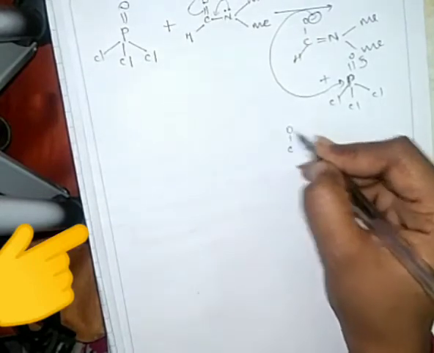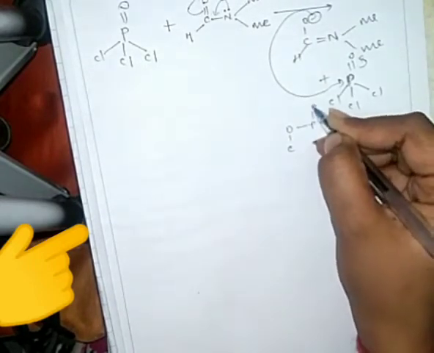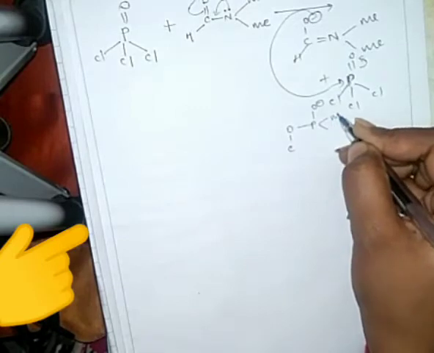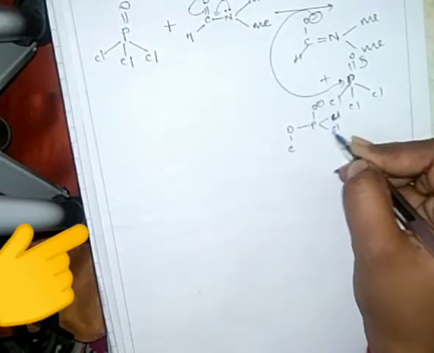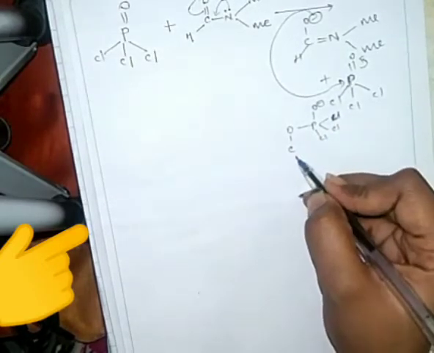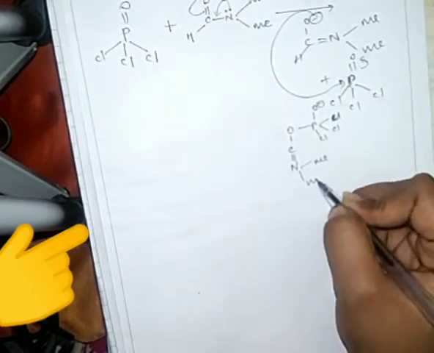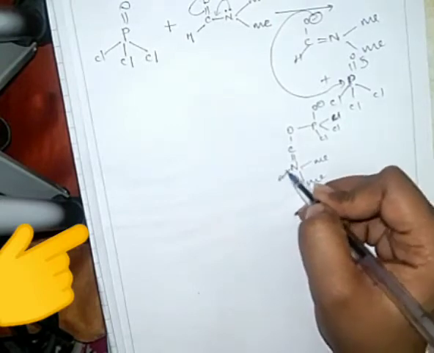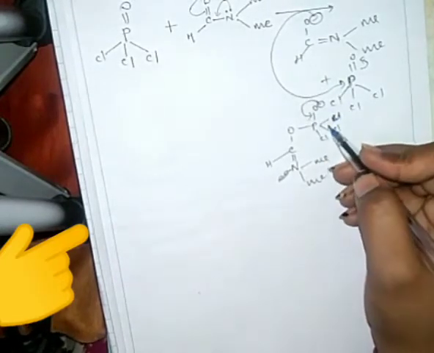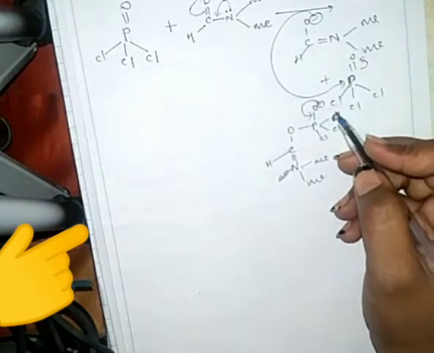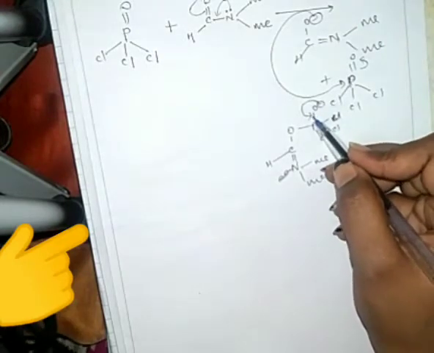We get O, P, O negative, Cl and Cl, and there is a double bond, nitrogen Me, and this is hydrogen. And next this bond is again shifted there and one chloride is removed.